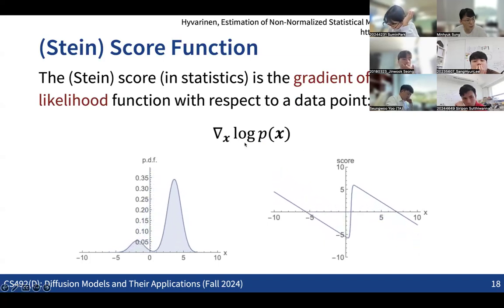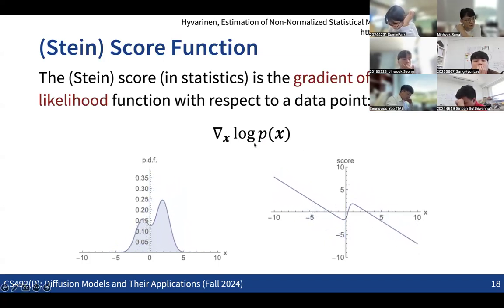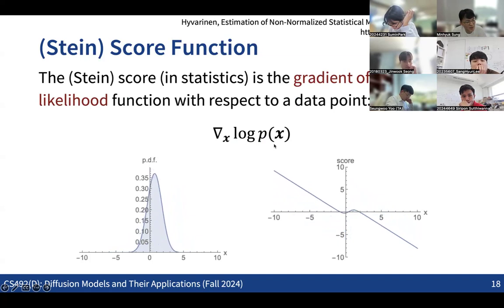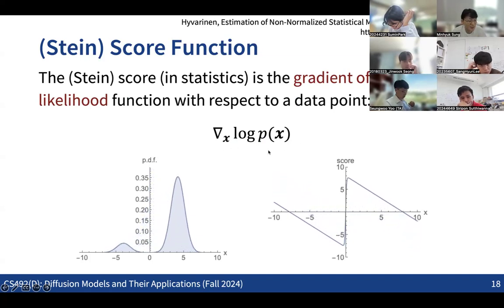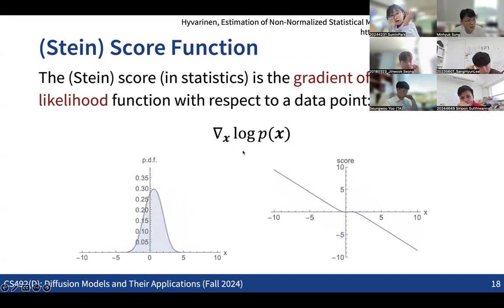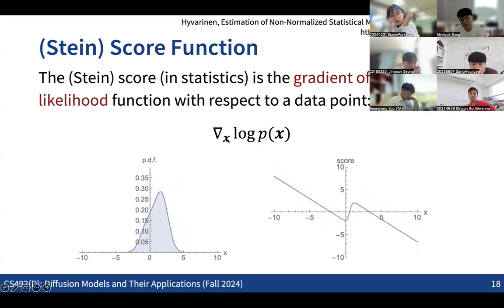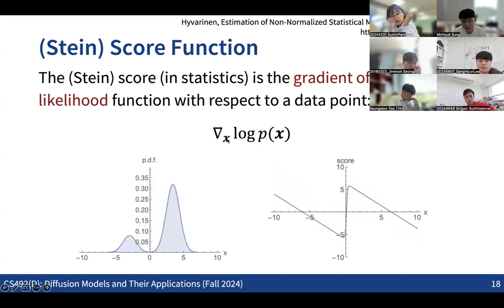If we have a PDF, the probability density function for the data points, and we take the gradient of the log of the probability density function with respect to the data points, then this becomes the score. This is the meaning of the score, and we're going to use this term for much of the rest of the lectures in this class. So please keep the definition of the score in mind.